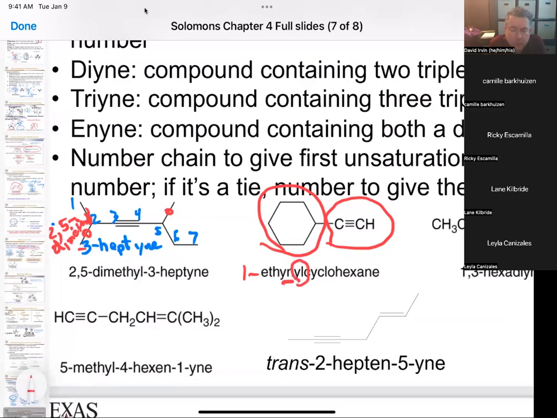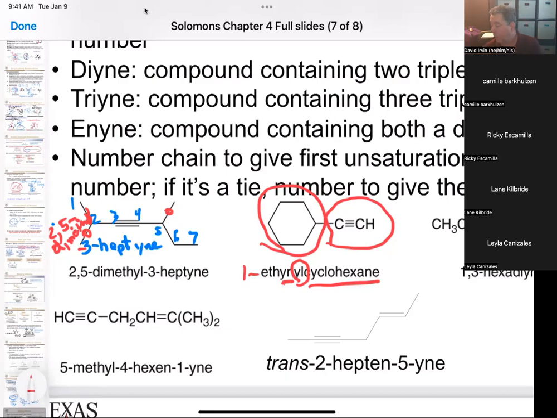Ethynyl. Ooh, that's hard to say, isn't it? So if our alkyne is a substituent, we still have to use the YL. YL means substituent, right? But we have to show that it has a triple bond. So ETH says we have 2 carbons. YN says we have a triple bond. YL says it's a substituent. And our parent chain is the cyclohexane. And again, we only have 1 substituent, so it's on the number 1 position.